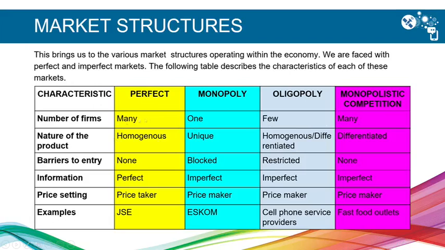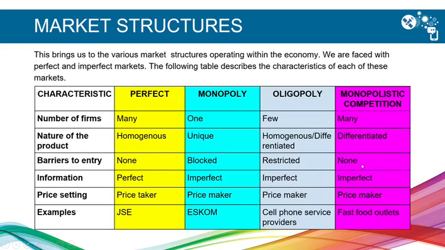The nature of the product, this is where they differ, right? In a perfect market, it's homogeneous, but for monopolistic competitors, the goods are differentiated. Right? Meaning they offer exactly the same, but there is a difference to it. Once again, barriers to entry, none, exactly the same as the perfect market.